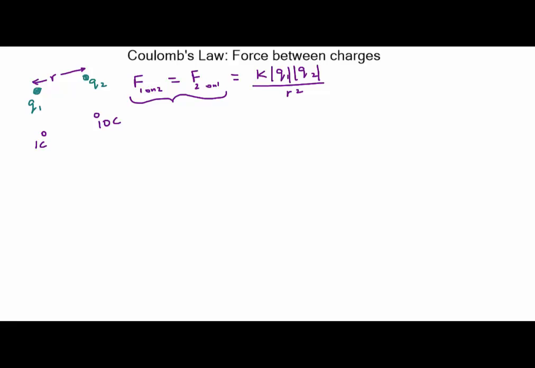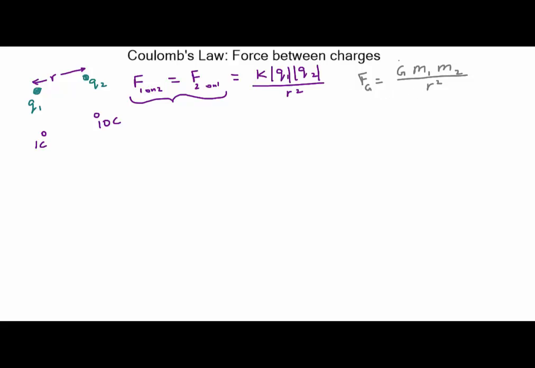And by the way, this equation is similar to an equation you saw in Physics 1, which was the force of gravity given as the gravitational constant times the mass of one object times the mass of the second object divided by the square of the distance between them. And this was also the force of mass 1 on mass 2 as well as the force of mass 2 on mass 1.